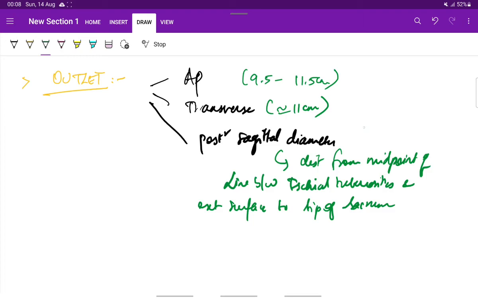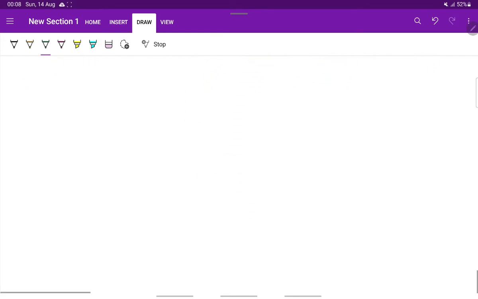This is usually more than 7.5 centimeters. These are the dimensions of the outlet.